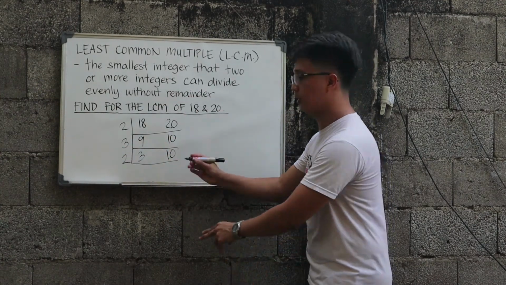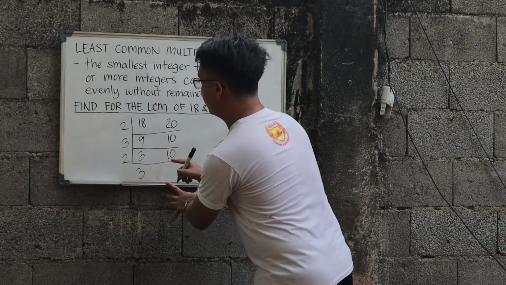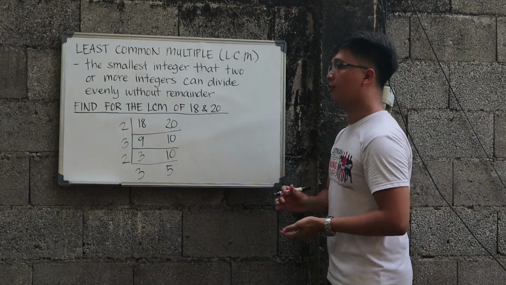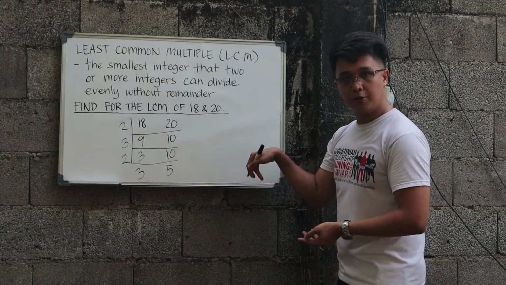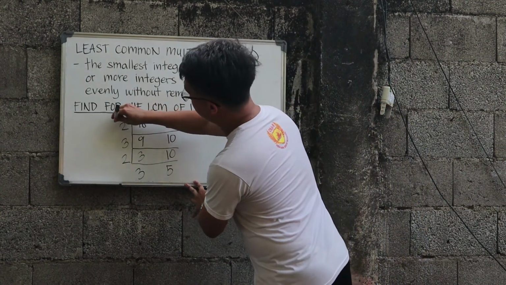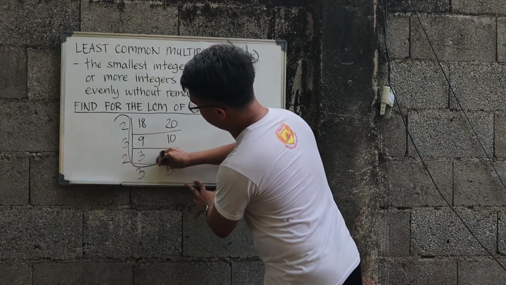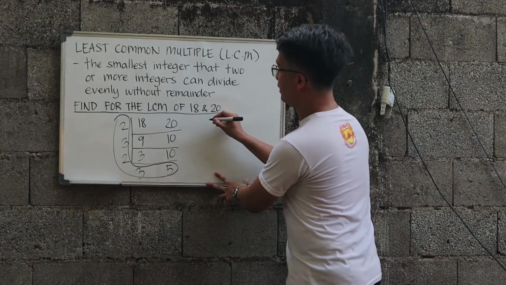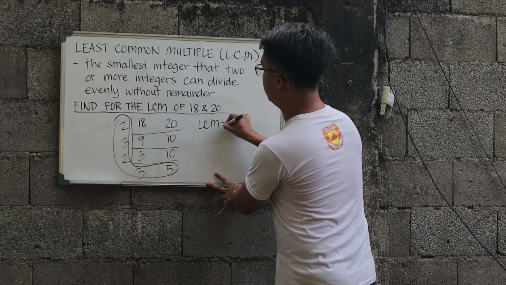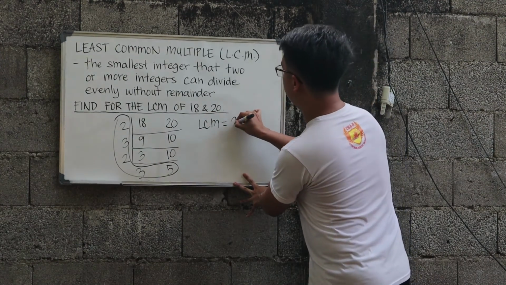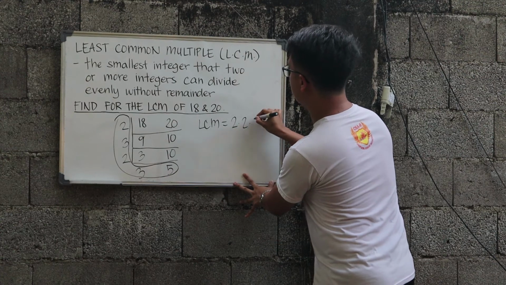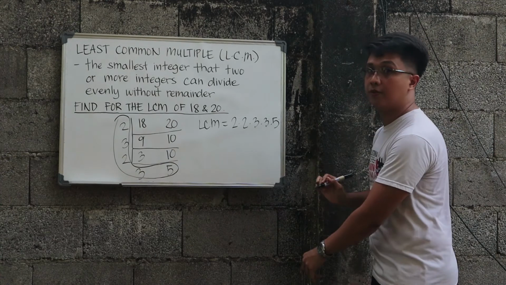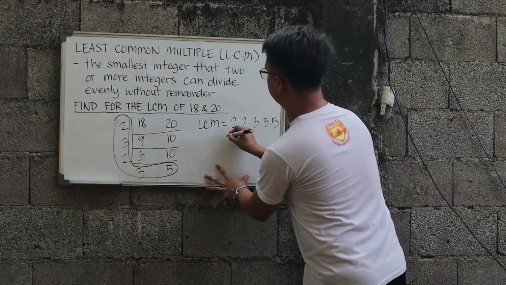We just bring down the 3, and 10 divided by 2 is 5. In order to find the LCM, you multiply all of them. So your LCM is equal to 2 times 2 times 3 times 3 times 5. That is 180.